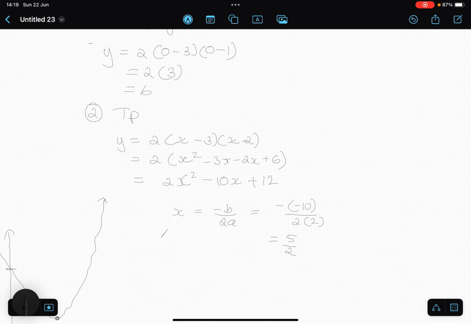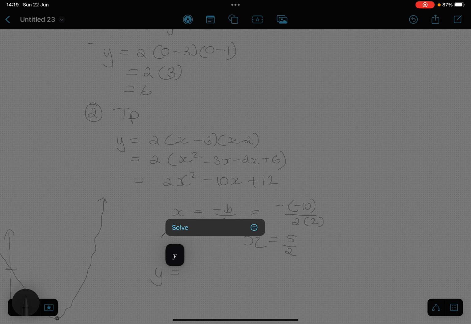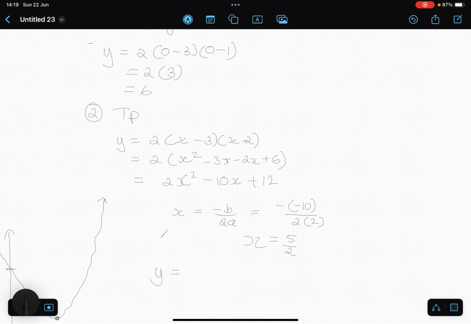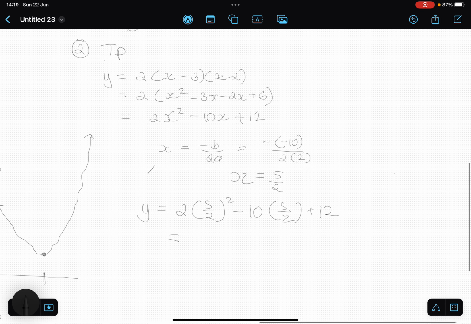So our x value is 5 over 2, and then for our y value, we go back and substitute in. So let's find our y. That's going to be (5/2) squared minus 10 times 5/2 plus 12 equals.